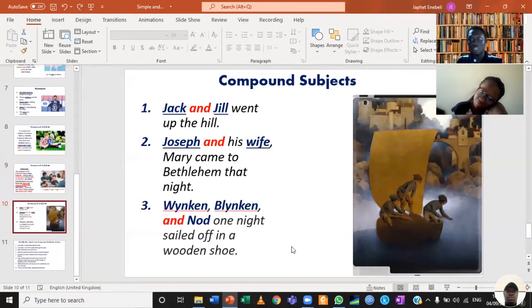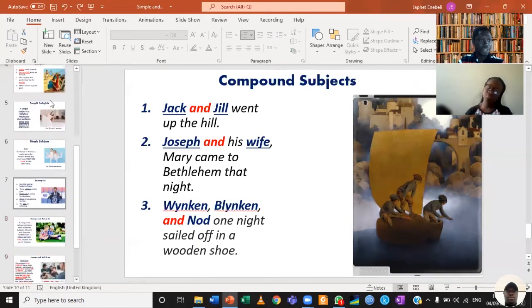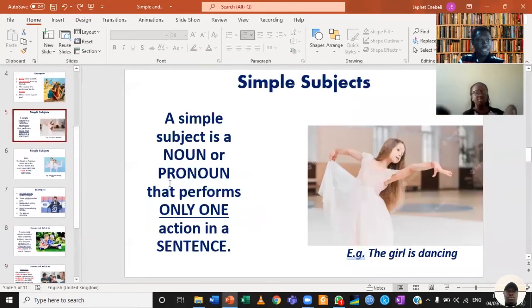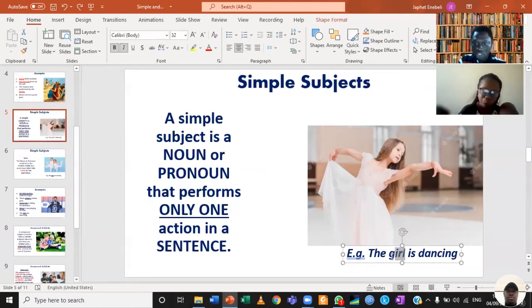I think that is perfect now. Two words, two names, right? For simple, you are just looking for one name. For compound subjects, you are looking for two or more names. Now, that's just the difference, okay? For simple subjects, what they are looking for is just one word representing the subject.